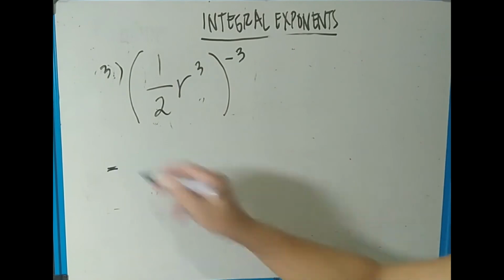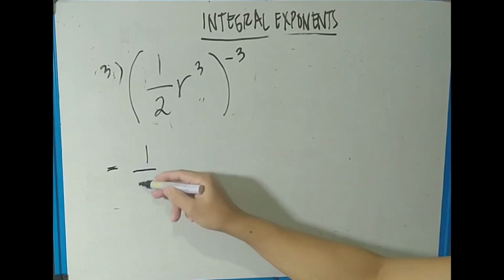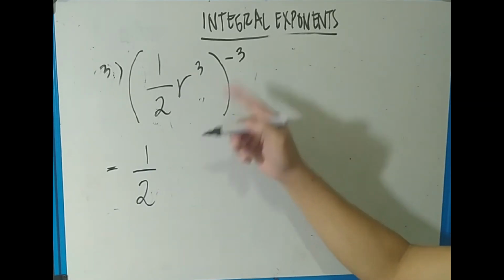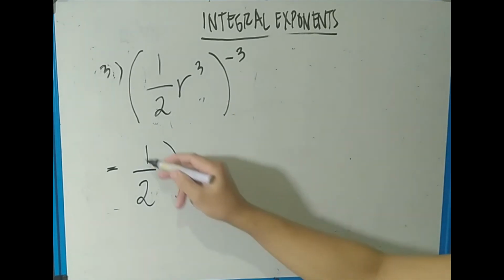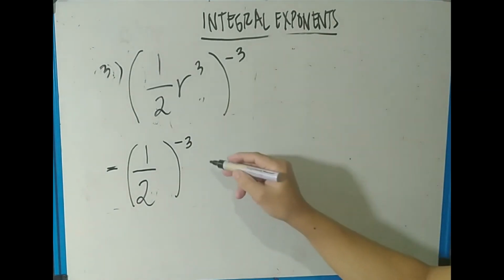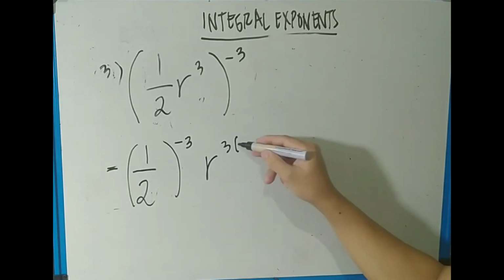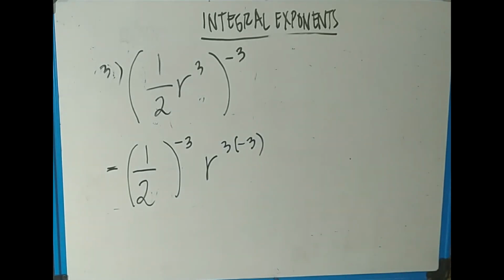In this case, ang gagawin natin ay just copy 1/2, then copy the exponent negative 3. So this becomes 1/2 raised to negative 3. So r then will be copied also, then 3 times, we have negative 3 as exponent.